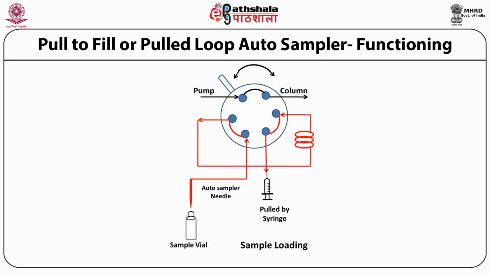The injection valve rotates again to direct the mobile phase through the loop, effectively displacing the sample onto the analytical column. In this configuration, the other autosampler components are again disconnected from the hydraulic pathway. After every delivery, the syringe and needle are rinsed with solvent to eliminate any carryover of the sample from one injection to the next.